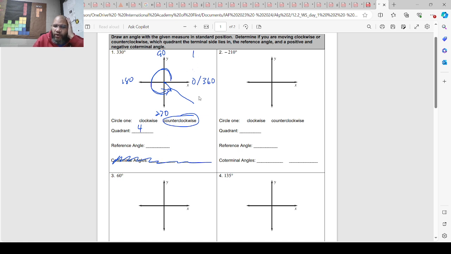Well, in quadrant 4, remember that the reference angle is 360 minus that angle that I just did. That angle that I just did was 330. So I take 360 and I minus 330 and I get my reference angle, which is 30.